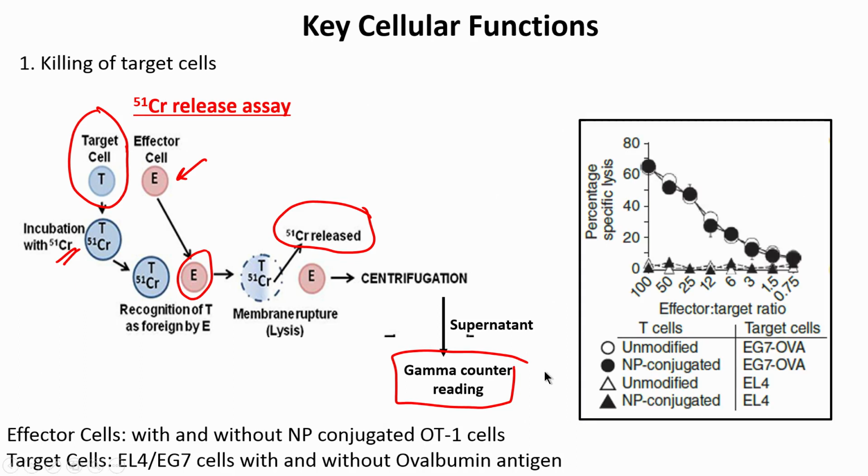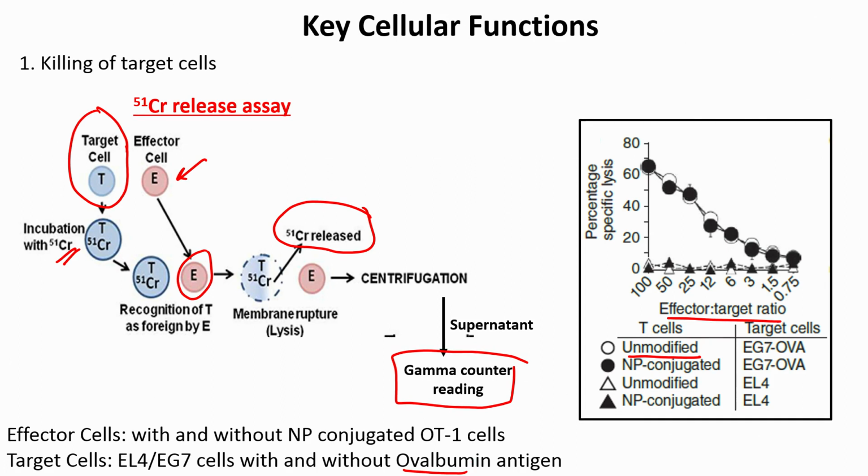And what they found here is that if you use the T cells that are unmodified, you get quite a bit of killing, as you can see here. So, this is at various ratios of T cells to the target cell. In this case the target cell is expressing your ovalbumin.